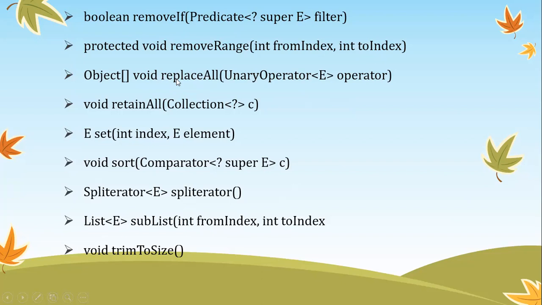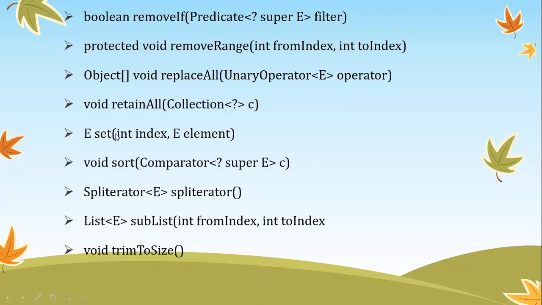Next method is void replaceAll. This method is used to replace all the elements from the list with the specified element. Void retainAll. This method is used to retain all the elements in the list that are present in the specified collection. Next one is the set method.